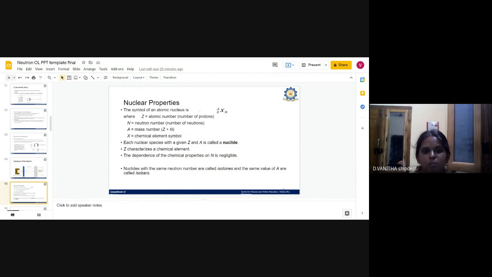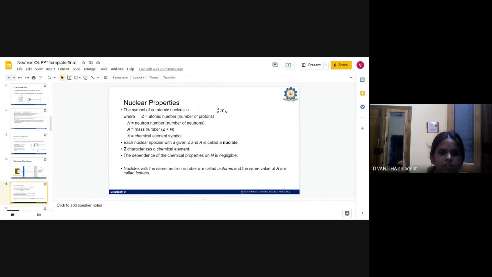The nuclear properties of the atomic nucleus are defined as X with mass number A and atomic number Z. Here, A is the mass number, Z is the atomic number, N is the number of neutrons, and X is the symbol of the atomic nuclei.